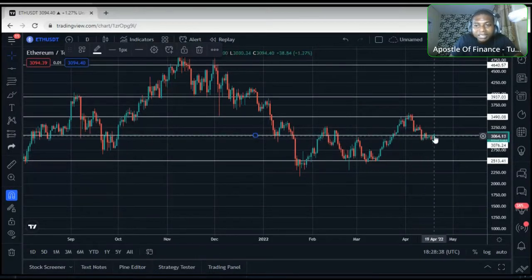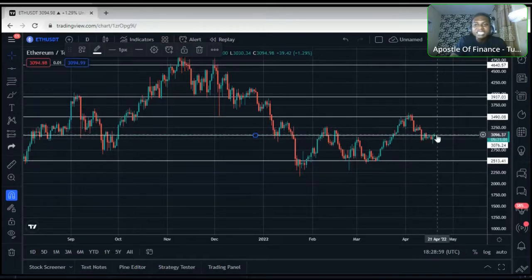Now, coming to the minor resistance turned support level, you will discover that price has been ranging. Each candle here represents a day, which means for the past 1, 2, 3, 4, 5, 6, 7, 8 days, price has been rallying at this place. Now, what do you want to look out for at this region?